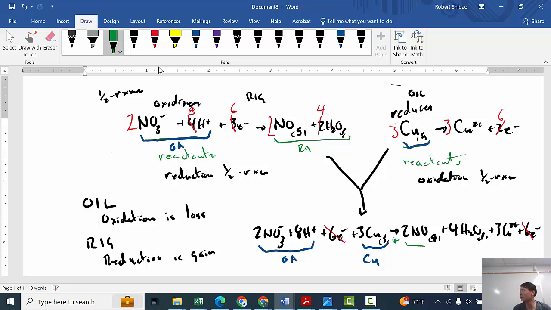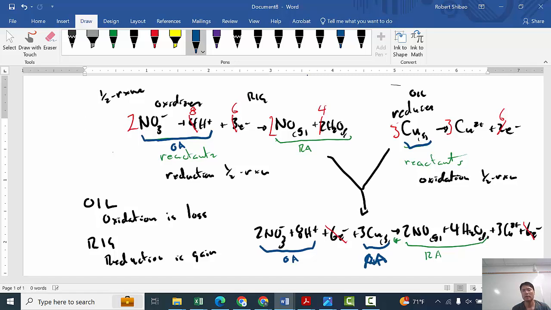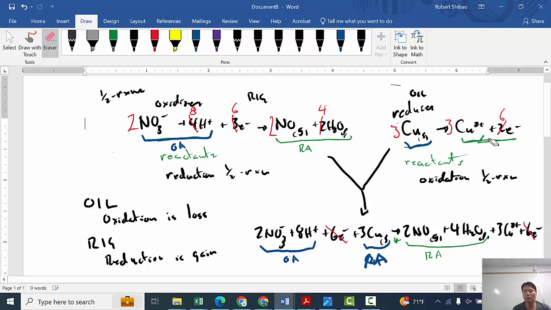So NO and H2O, this is our reducer, or reducing agent. Copper, that's supposed to read reducing agent. So if copper is our reducing agent here, then our conjugate oxidizing agent is not the electrons. The conjugate oxidizing agent is this, copper 2.